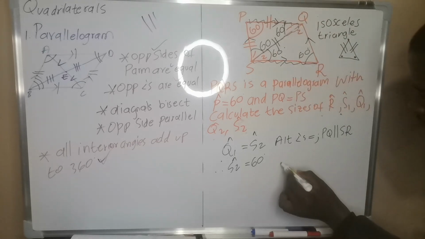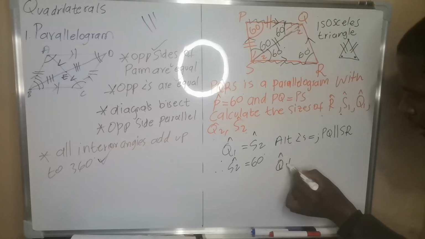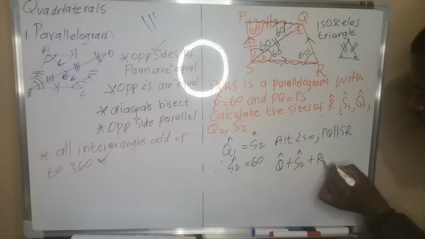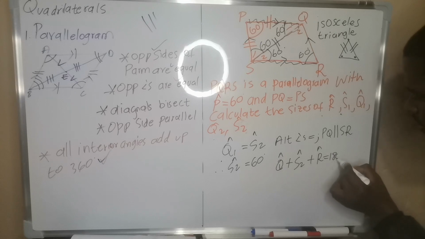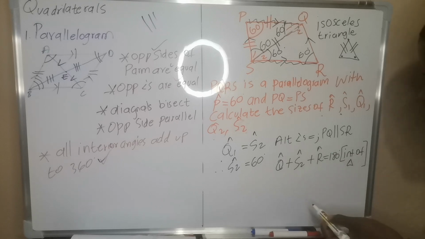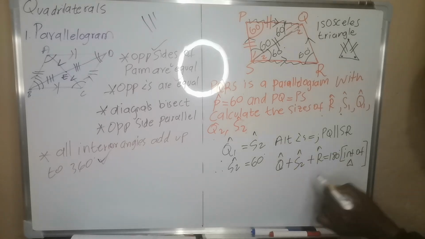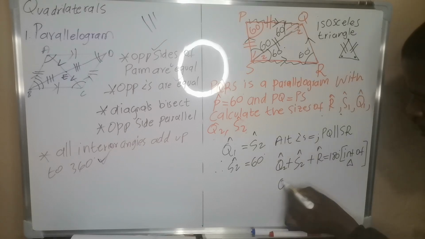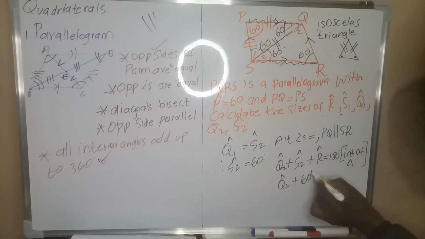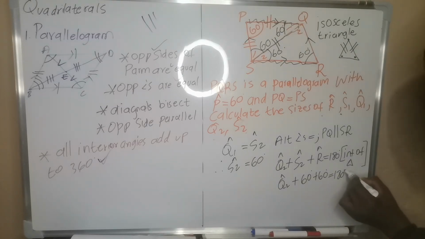So I can say angle Q2 plus S2 plus R equals 180 degrees. Why do you say that? Interior angles of a triangle add up to 180 degrees. Then what's the value of Q2? Q2 plus S2, which is 60, plus angle R, which is 60, equals 180 degrees.